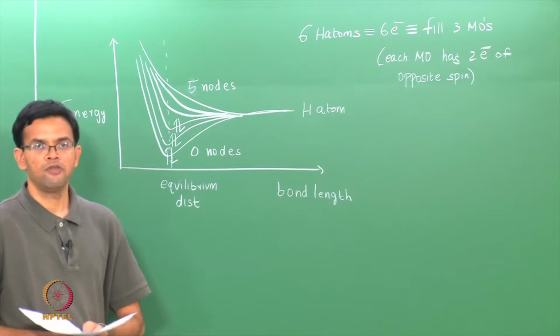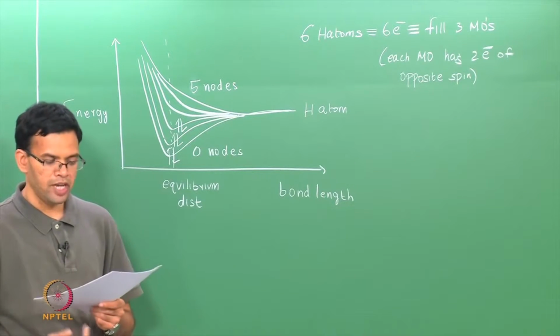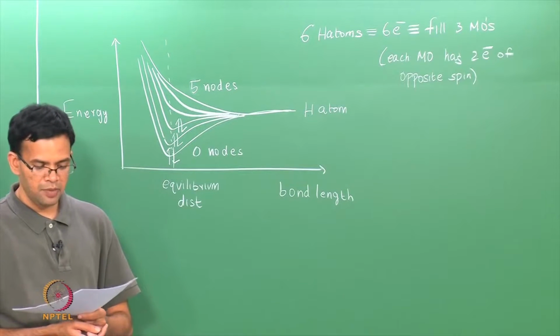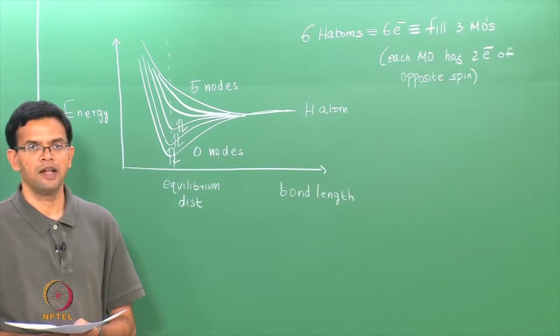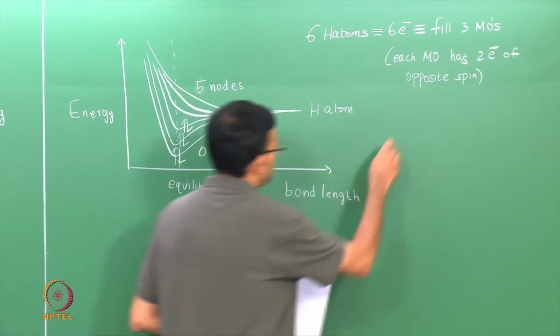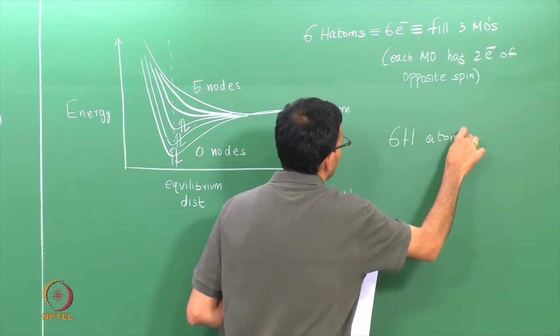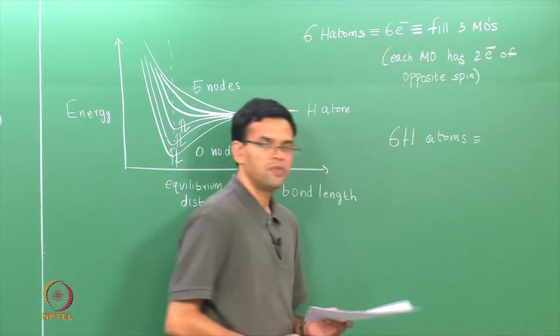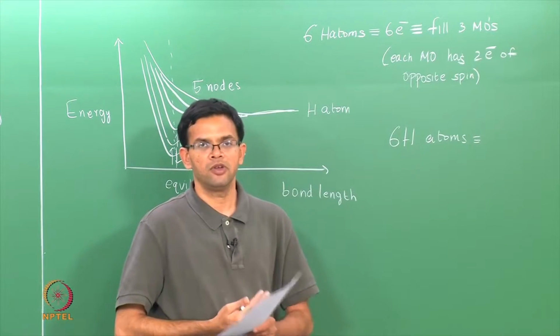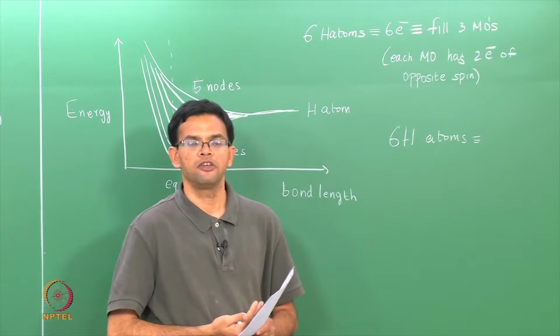So, the last part of the question: what would you expect to be the equilibrium configuration of 6 hydrogen atoms? In reality, 2 hydrogen atoms come together to form a hydrogen molecule.